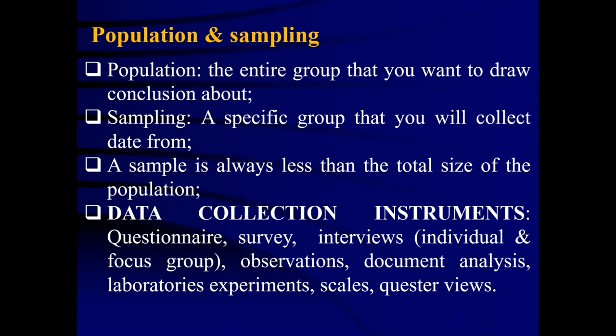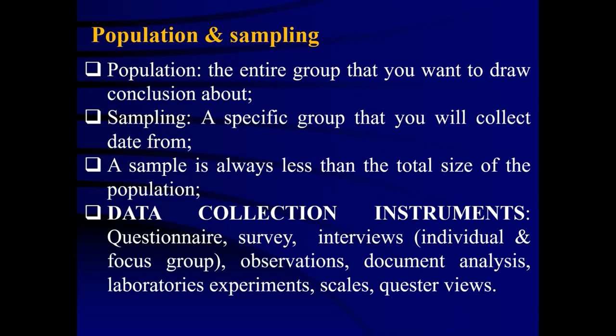And then we have population and sampling. Normally in your study, we already spoke about the target population. Your target population should be articulated in your proposal. What is your population? Who forms your population? If your population consists of teachers in a particular district, you have to clarify that.